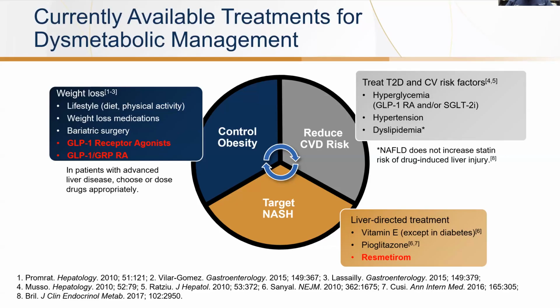Sometimes we do this amongst ourselves in the hepatology community, but in primary care, we tend to rely on primary care as well as other subspecialties that can include cardiology and endocrinology, for management of hypertension and dyslipidemia. So there's a big circle that evolves around what we're trying to do. If we control obesity and reduce cardiovascular disease risk, then we can also have an impact on targeting NASH. It's just a full circle of opportunity of keeping things under control.